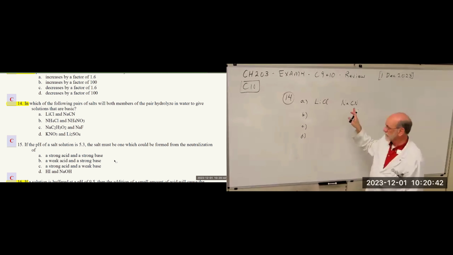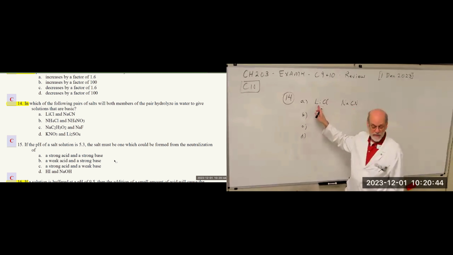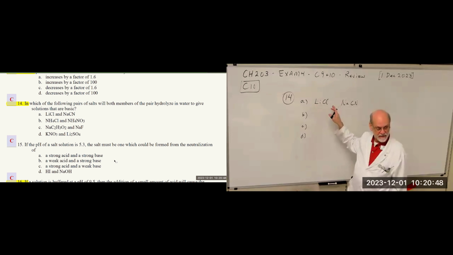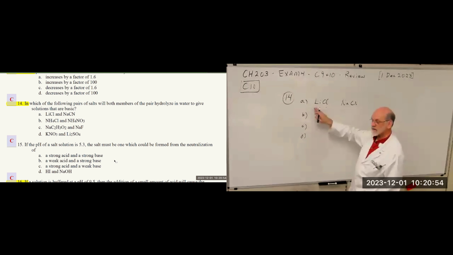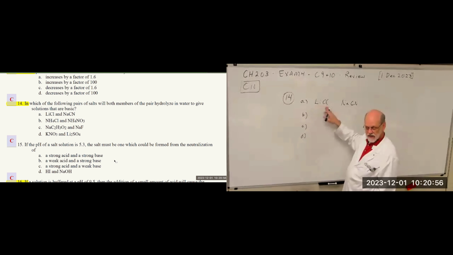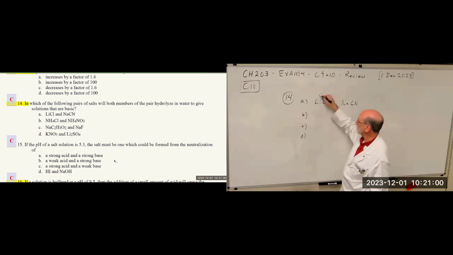If the cation is derived from a strong base and the anion is derived from a strong acid, then you get a neutral solution. Lithium hydroxide is a strong base. Hydrochloric acid is a strong acid. So this one will be neutral.